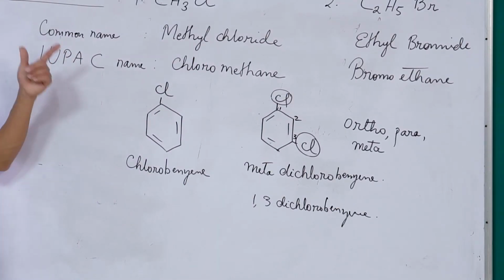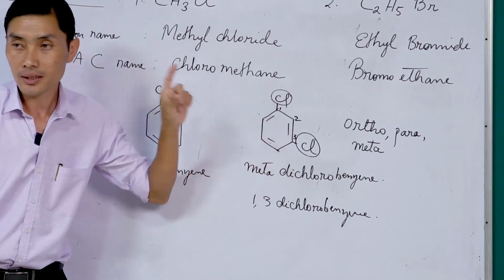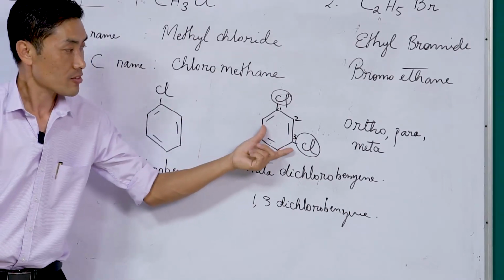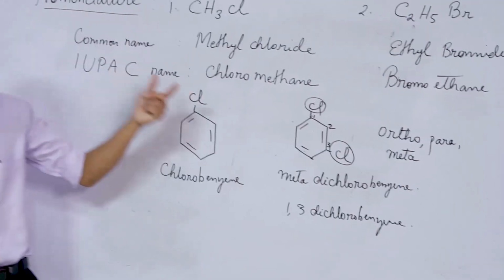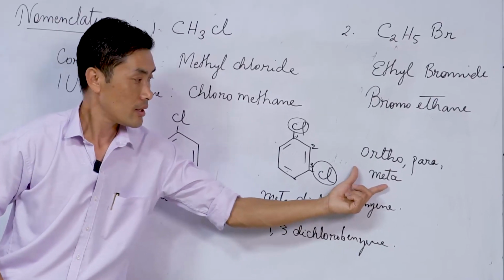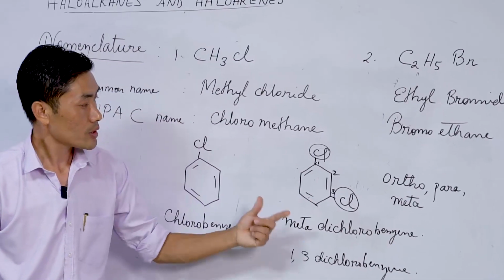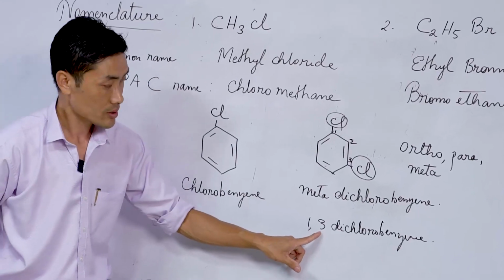So once again, for dihalosubstituted compounds of benzene, under the common system, we use the prefixes ortho, para, or meta. But for the IUPAC nomenclature, we will use these numerals.